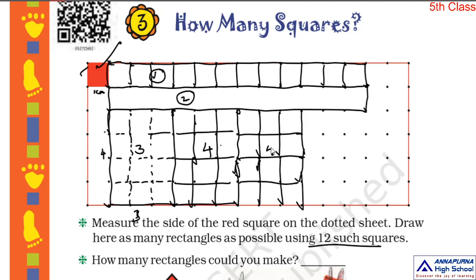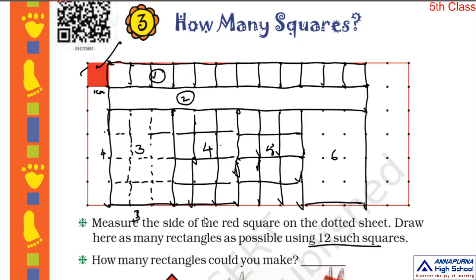So this is the fifth rectangle. Like that, this is the sixth rectangle, with 1, 2, 3, 4, 5, 6, 7, 8, 9, 10, 11, 12 squares.